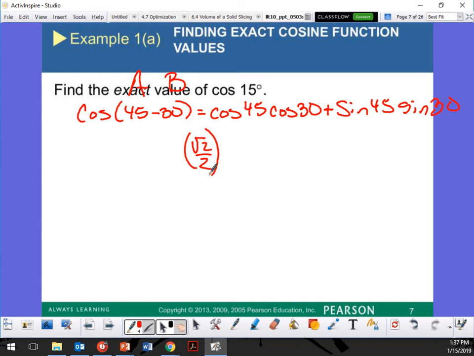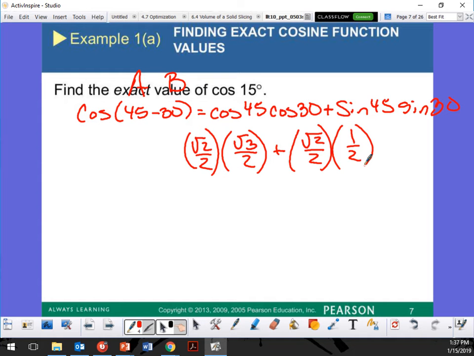Now, put your finger on 30. So cosine of 30 is going to be rad 3 over 2, plus. So sine 45, rad 2 over 2, and then sine 30, 1 over 2.